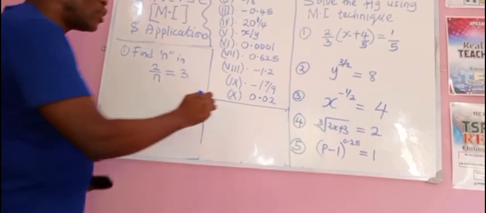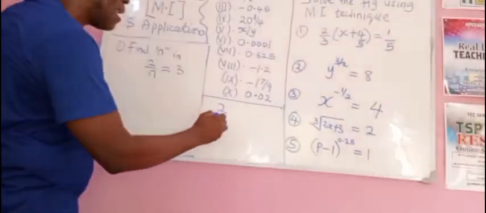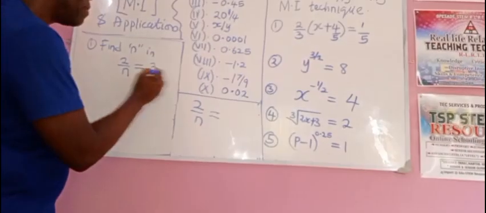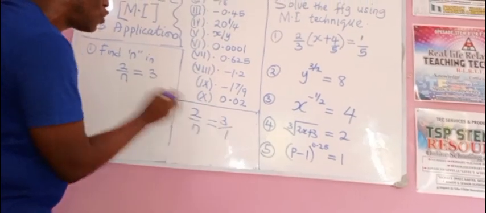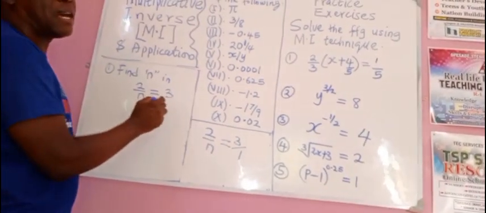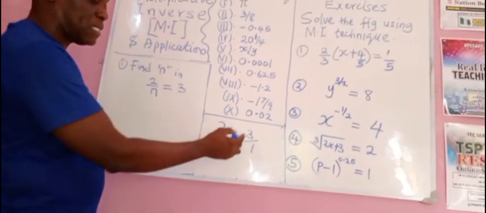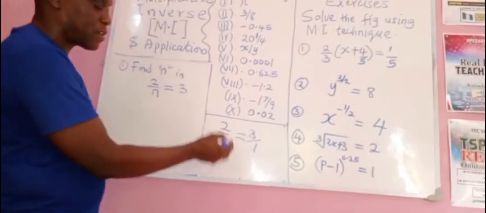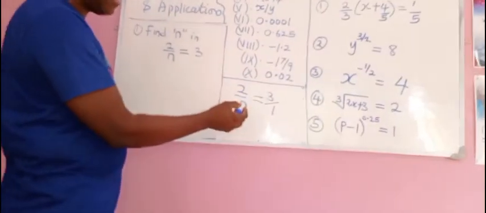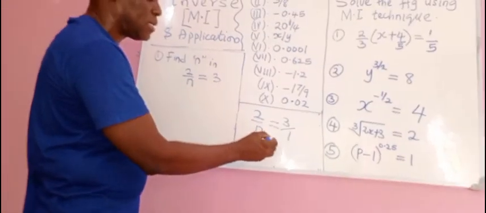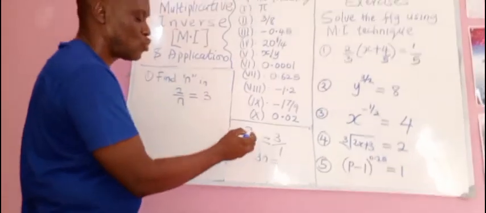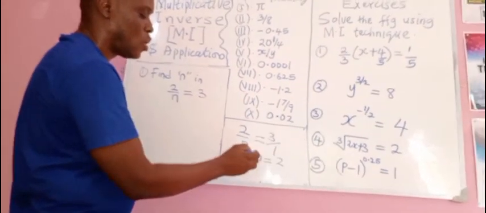Usually you can say 2 over n equals 3, and this 3 means 3 over 1. I've told you if you have a whole number, there is nothing at the denominator, it means 1. Ordinarily, you can cross multiply. If you have one fraction here, one fraction here, it will be n times 3, that's 3n, equals 2 times 1, 2.